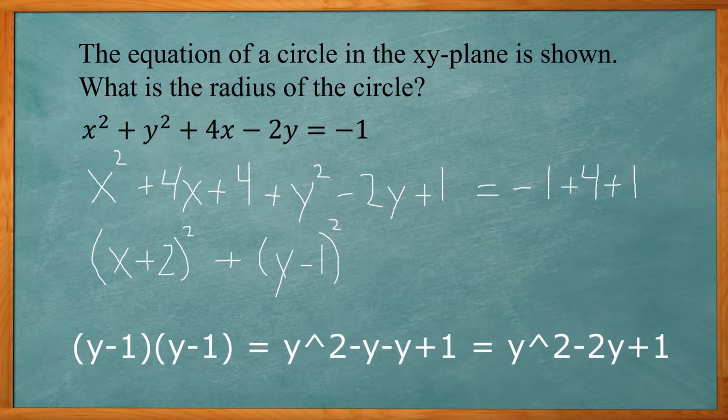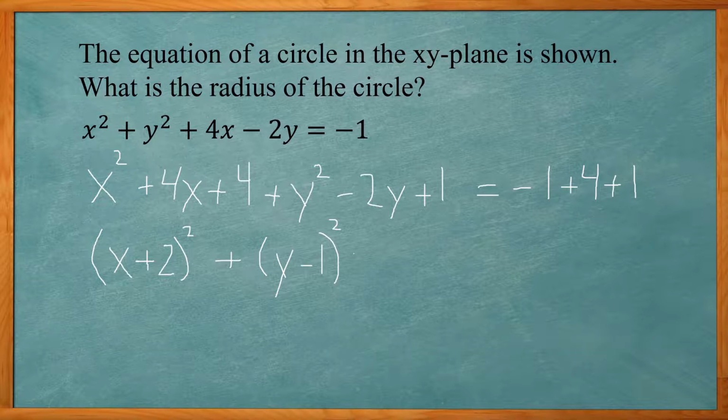With the y's, I would have negative 1y plus another negative 1y to give me negative 2y, and then negative 1 times negative 1 to give me the positive 1. On the right side, I have negative 1 plus 4 plus 1. The 1's will add up to 0, so it's leaving me with just the 4.